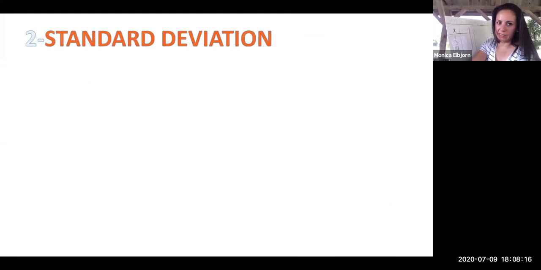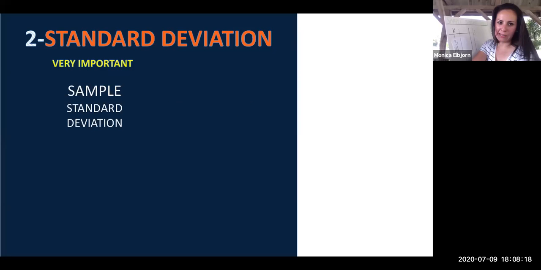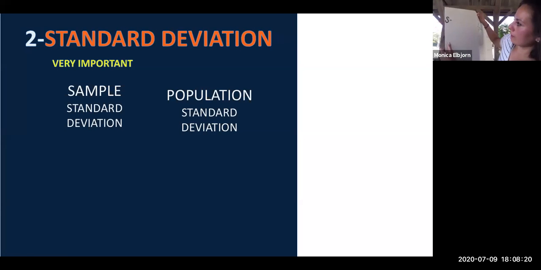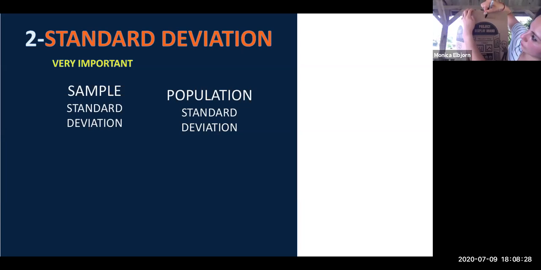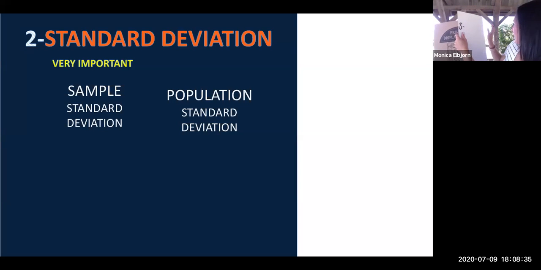The symbol for our sample was S, and the symbol for our population was sigma, which is like a circle and then a line. That's the sigma, the standard deviation for the whole population.